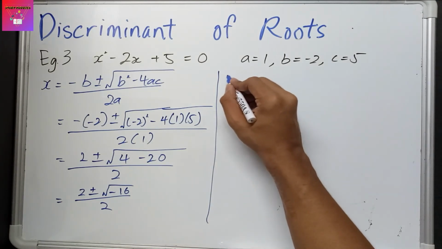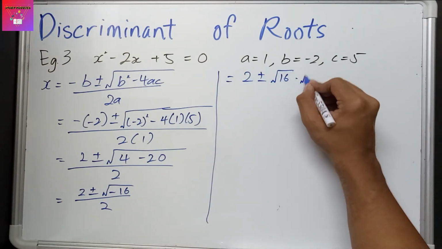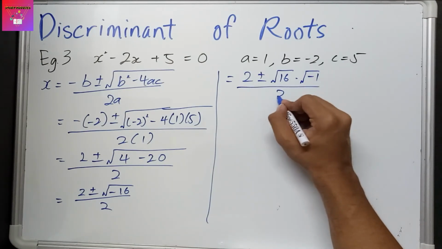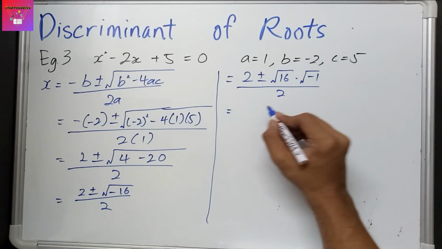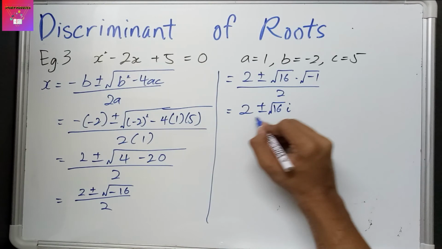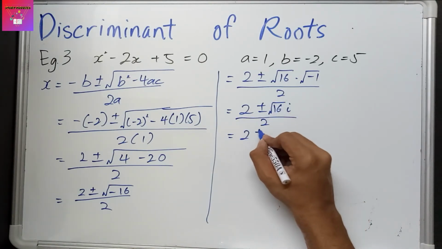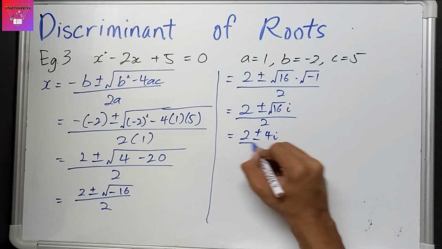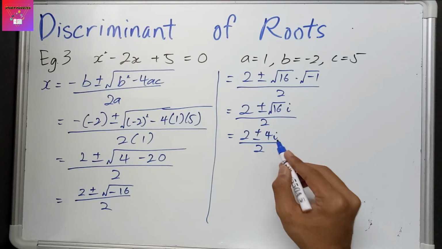Of course we can. We are just going to make it square root 16 times square root negative 1 over 2, where this square root negative 1 is now a complex number, and we are going to change it to i. So square root 16 is actually 4i.